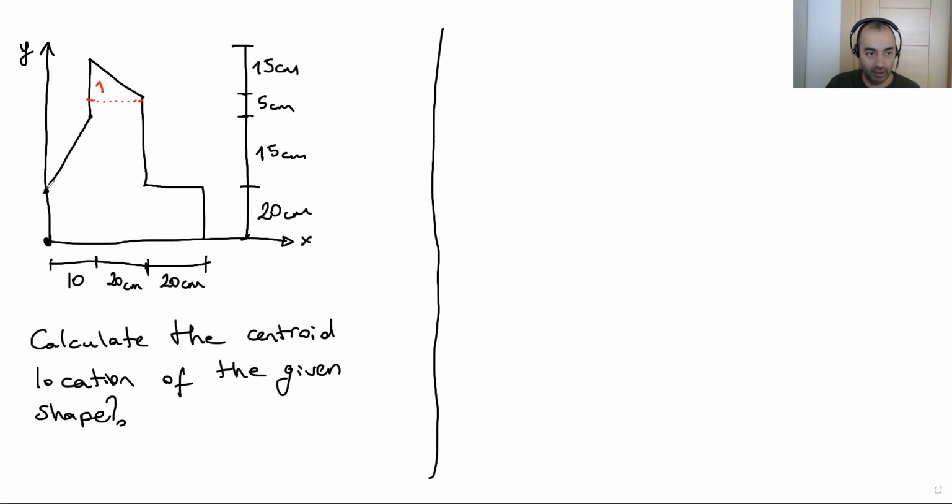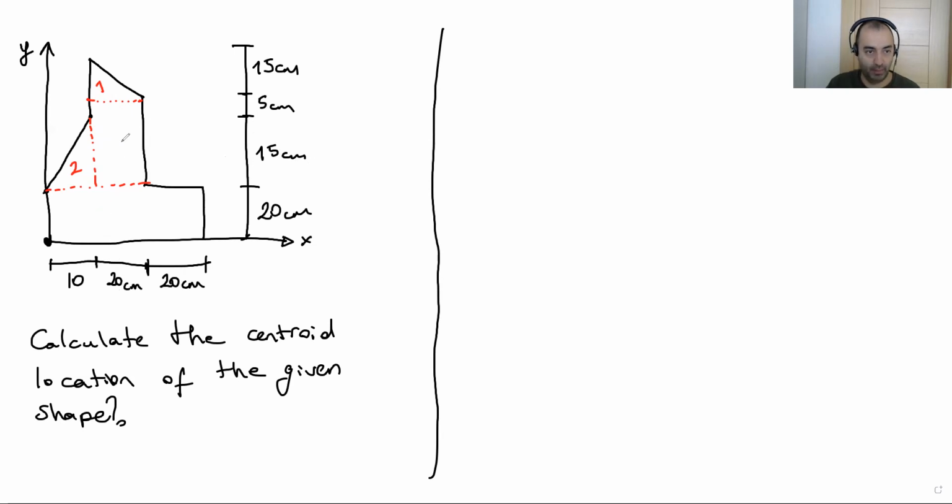And then here I divide this part and this part. Here is 2, and here we have, actually it looks like a rectangle if you check the dimensions. In vertical direction 20, in lateral horizontal direction we have 20. This is a square.